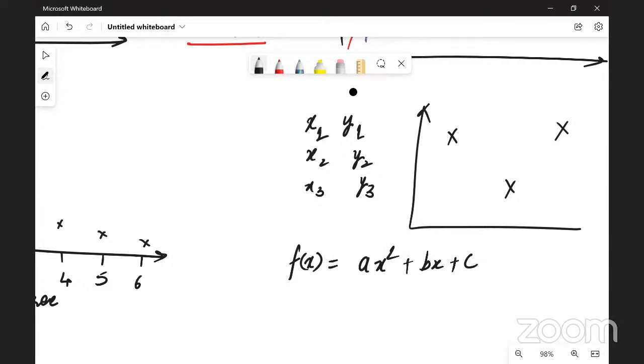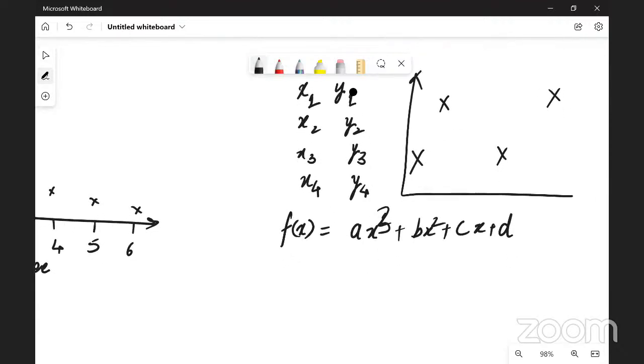Similarly, if there was one more point, imagine that it is here. Degree 3 will work, absolutely. So ax cube plus bx squared plus cx plus d will be your function, and you solve this and you are going to get loss 0. You're going to get a function which passes through all the points.